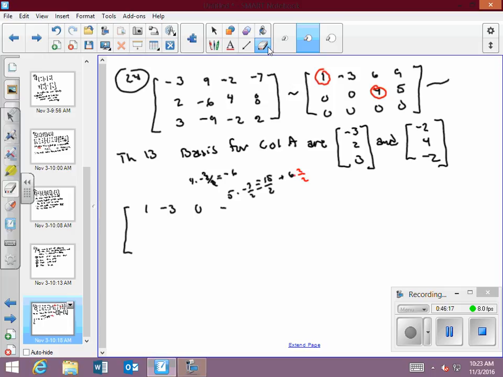Sorry, I don't know what I was doing. Another row again. You're right. So this is 9. Then do it 2 over 2. Then that's 18 minus 15. That's plus 3, right?